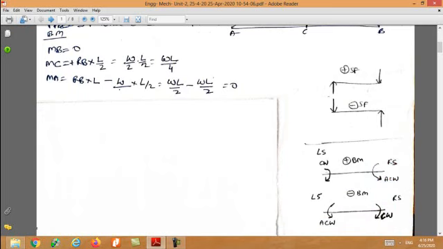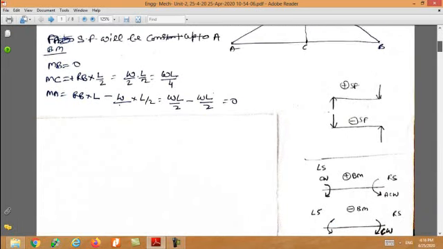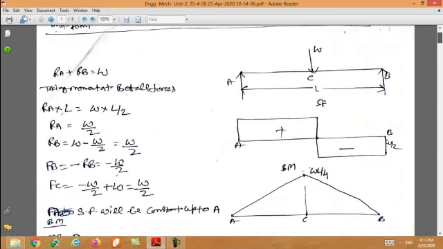And if you are starting from the left side and it is clockwise, then it is positive. If you are starting from the right side and it is clockwise, it is negative. Starting from the left side and anti-clockwise, it is also negative. So these are the rules for sign convention and we will follow them.